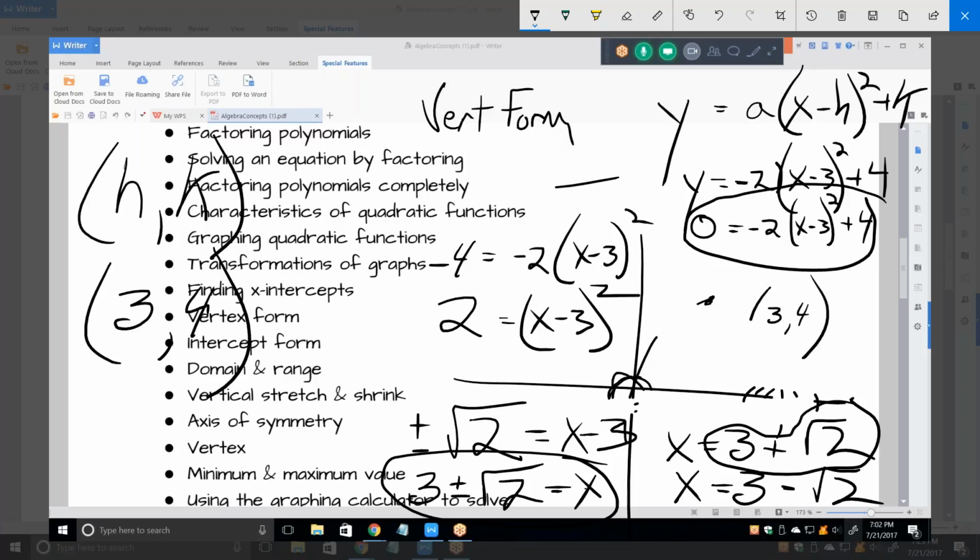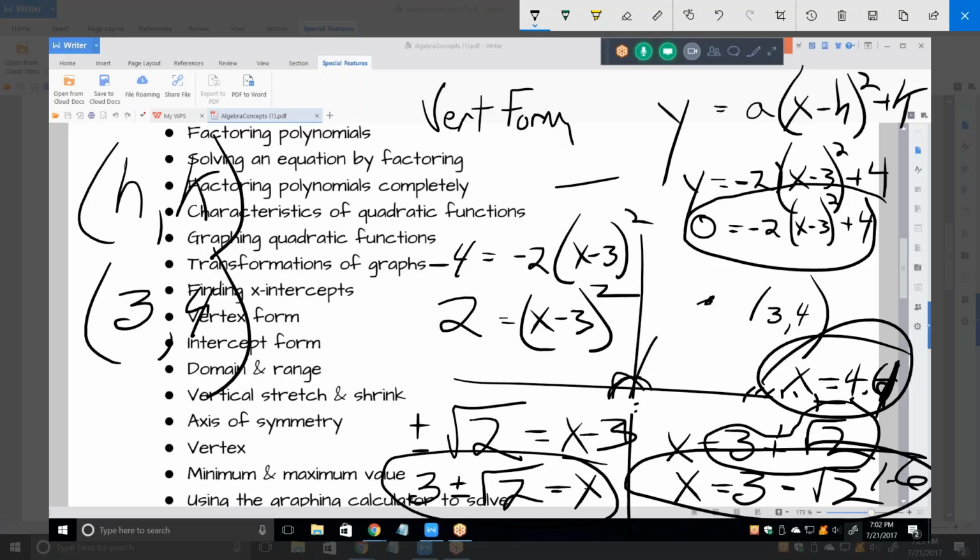So the second x is 3 minus 1.4, which is 1.6. The first x is 3 plus 1.4, which would be 4.4. And so those are my two values. Those are my two x-intercepts, 4.4 and 1.6.